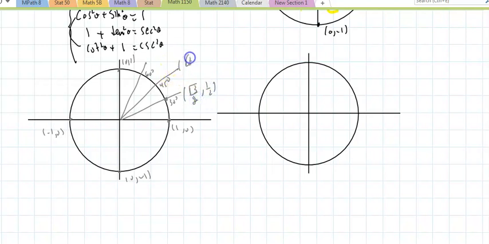This is radical 2 over 2, radical 2 over 2. And this is 1/2, radical 3 over 2. If you would have taken me for geometry, I derive trig. I derive all of this. You really would know where everything comes from.